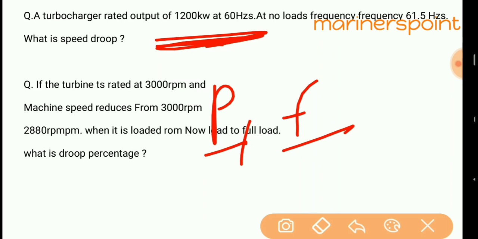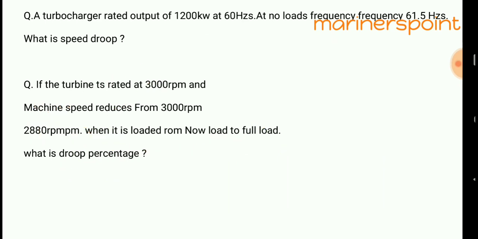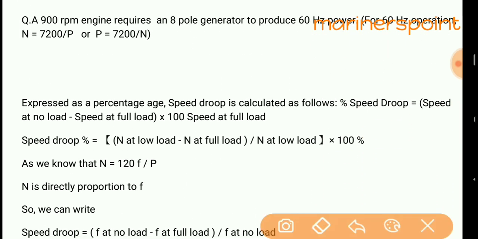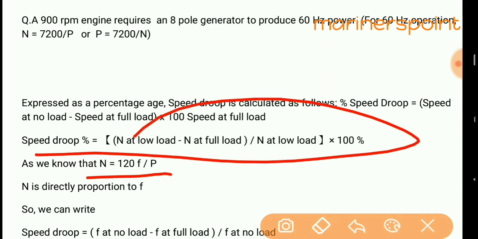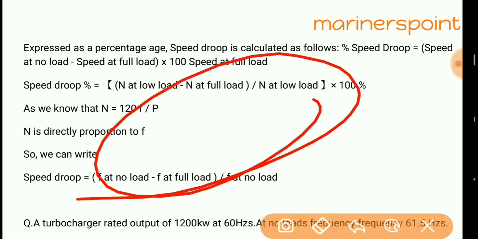Then what you will do is find N at that load, then you will calculate the speed droop. That's why I am telling you to remember three formulas: N equals 120 F by P, speed droop, and the other formula in terms of frequency. Then you can solve the speed droop numericals.